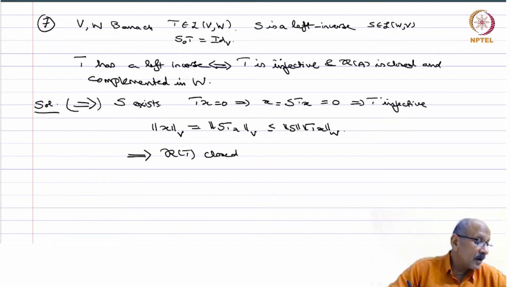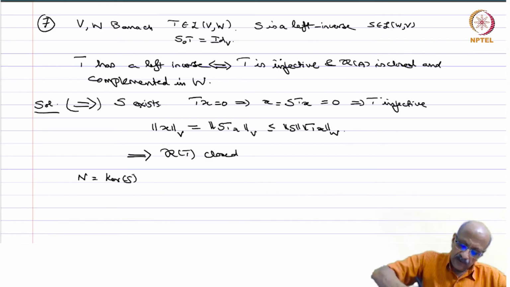So we have shown that T is injective, range is closed. Now we want to show that the range is complemented. So let us take N equals kernel of S. So S is a continuous linear operator, so this is closed.